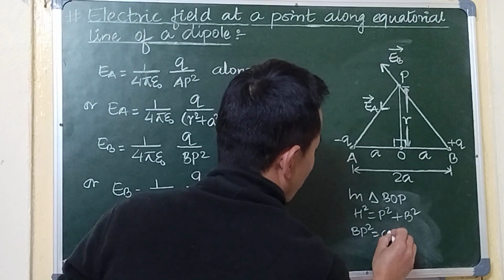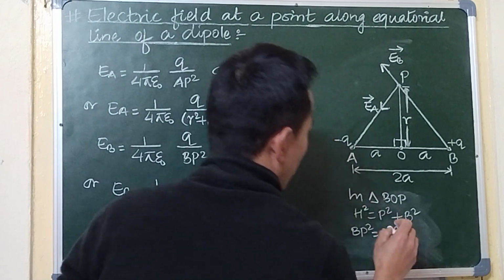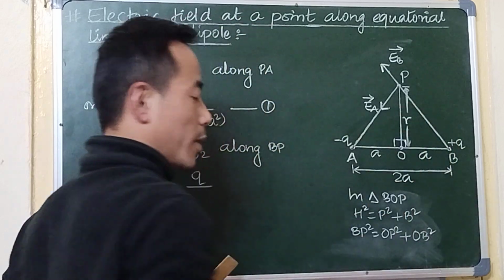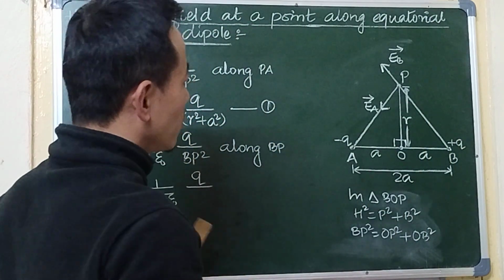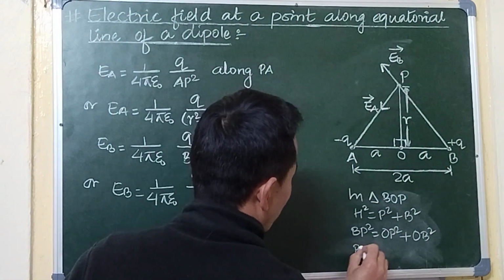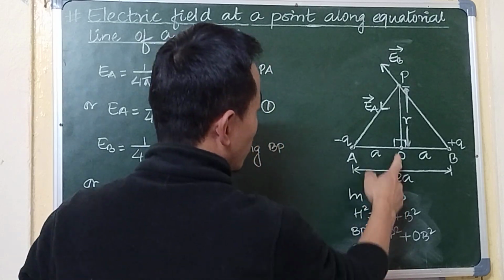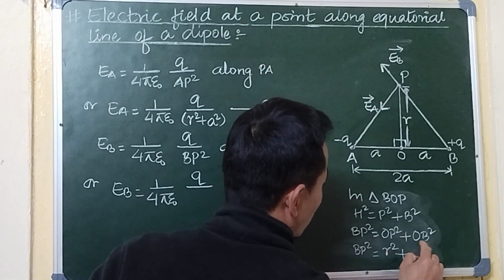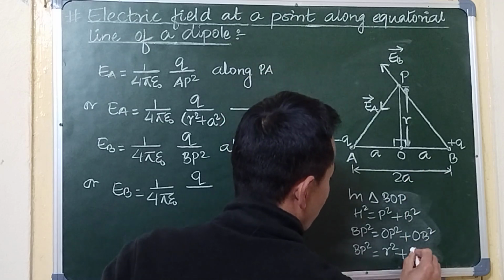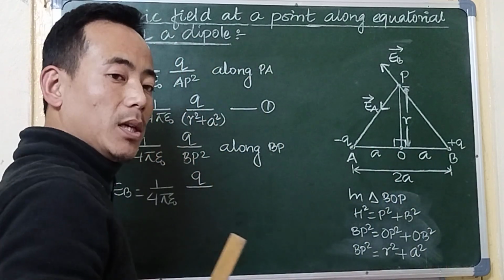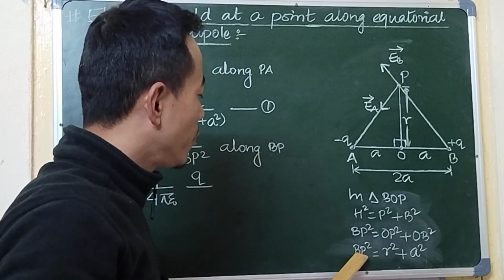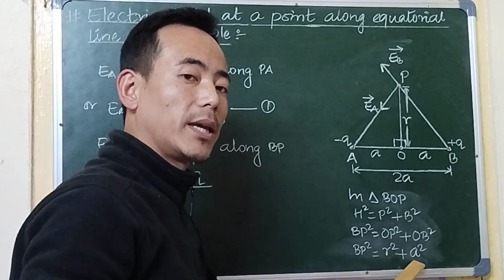Perpendicular is OP, so OP square, and base is OB, so OB square. Now put the values, we get BP square equals OP is R, so R square, OB is our A, so A square. So using this triangle BOP, we get the value of BP square as R square plus A square.